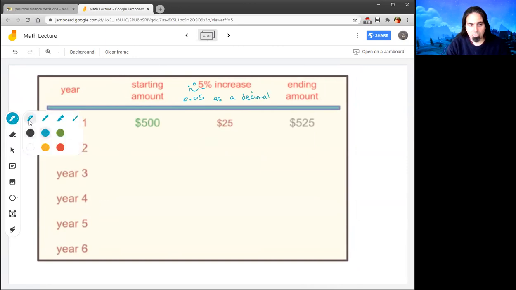So we're saying that 500 times 0.05 was the $25. Then we took this number and that number and added them together, because we had to add the increase to what we had before. Okay for year one?